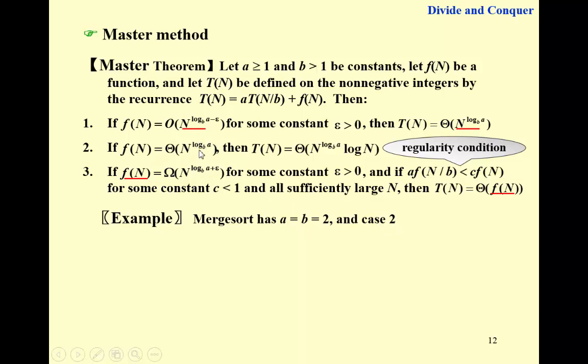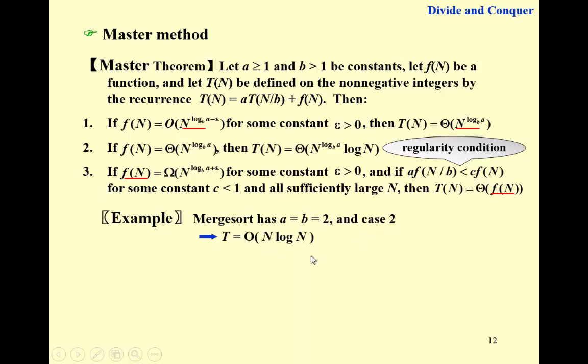So this function is just the linear function n, right? And in merge sort, it takes linear time to merge the two sorted sublists, right? So that means this function is indeed big theta of n, so they are equivalent. And therefore we obtain the conclusion like n times log n.